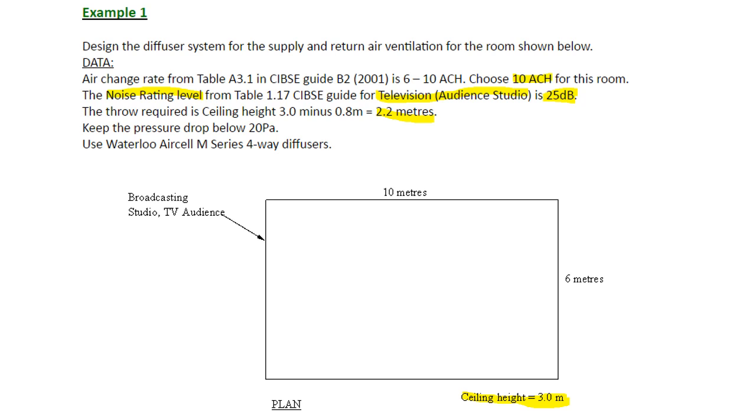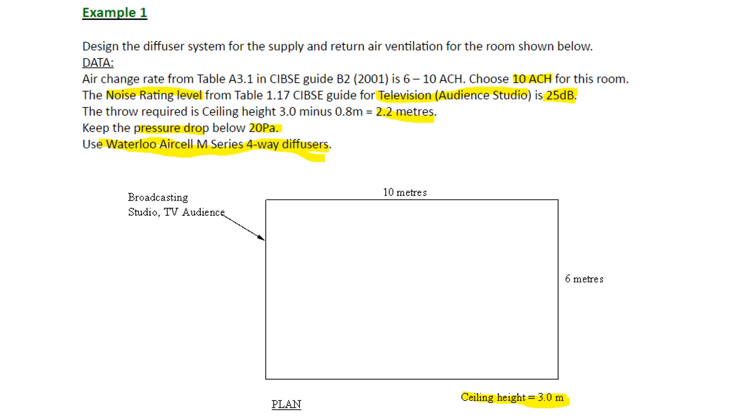And for the pressure drop, we have to keep it below 20 Pascal. In this question, it is said that we have to keep the pressure drop below 20 Pascal, and use Waterloo SL-M series 4-way diffusers. So you really have to see how many ways of diffusers should be used in your design.